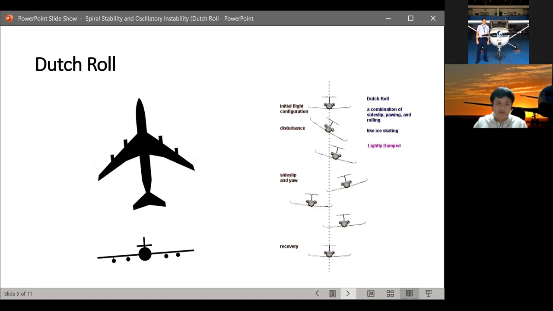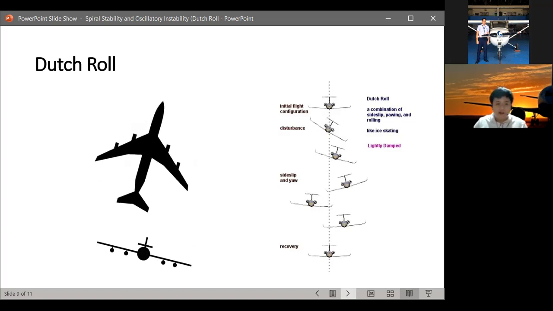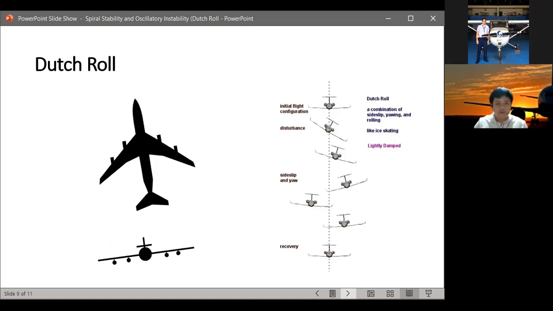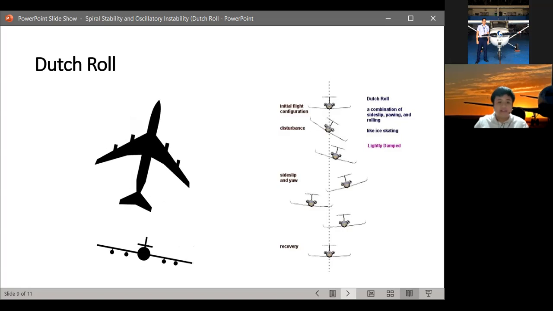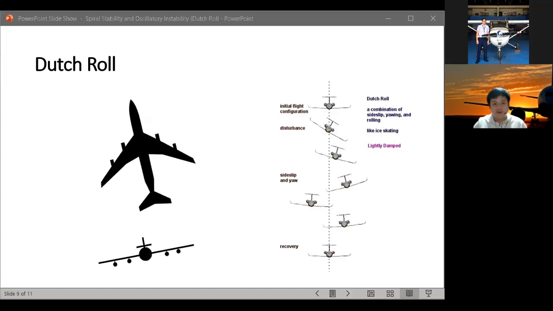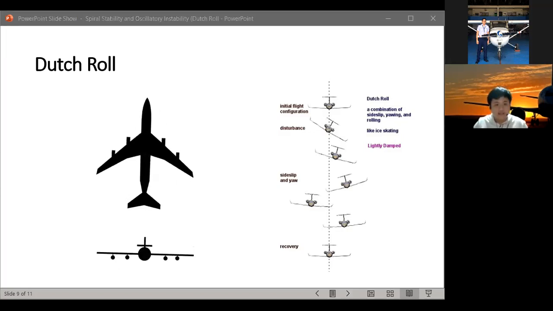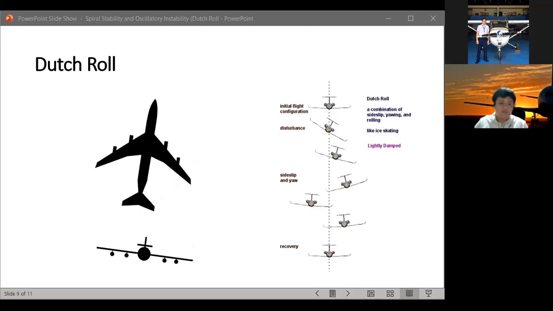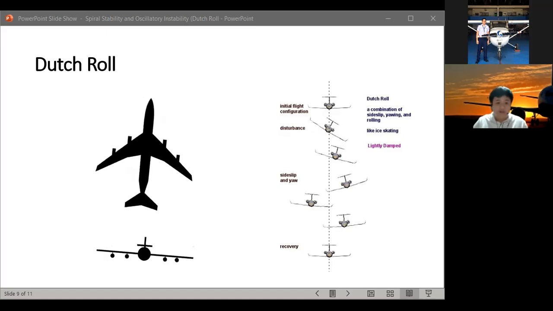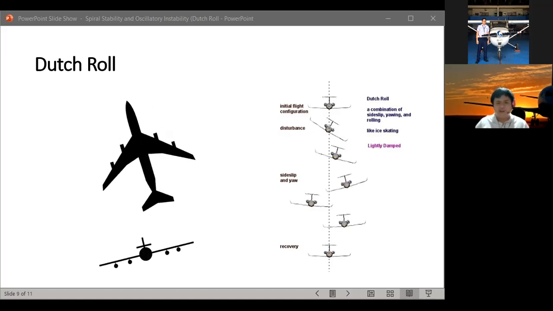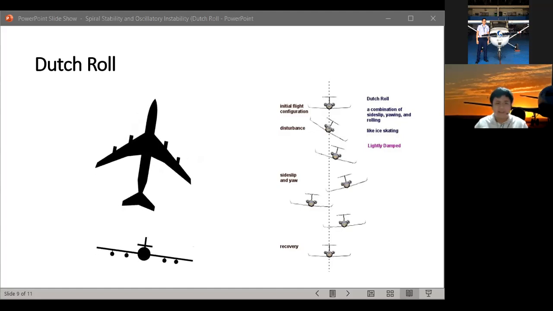So the Dutch roll is considered as both rolling and yawing at the same time, to remain in level flight or a smooth flight from disturbances like big turbulent air in the pathway that we will be flying. So the next one is snaking.